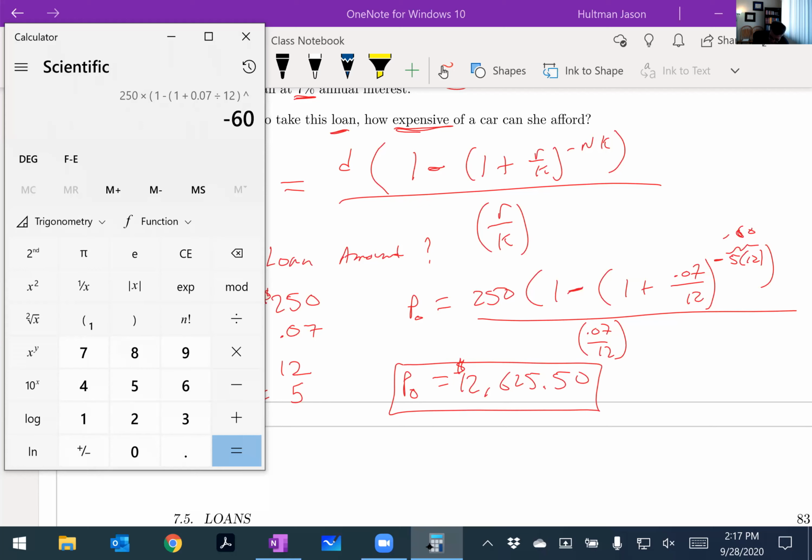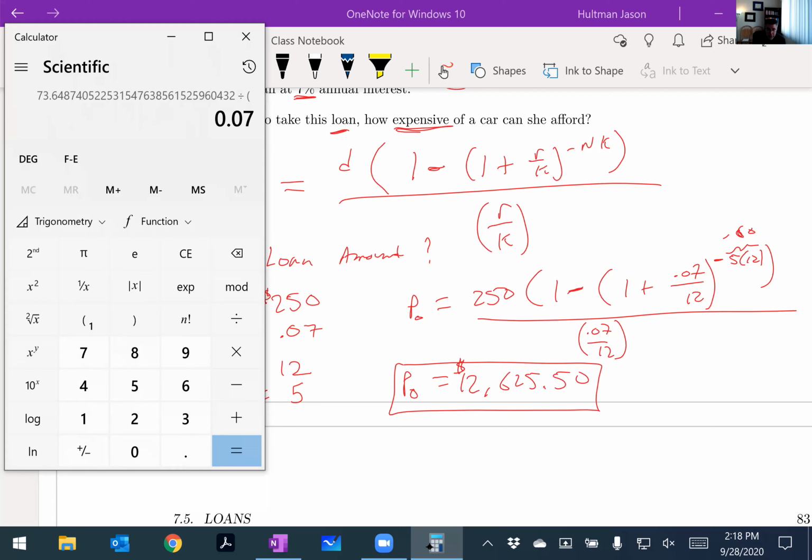Okay, I'm going to close the parentheses, and I'm going to hit equals, and that's going to give me the top amount of 73.65. Now I'm going to take that and divide it by the bottom amount.